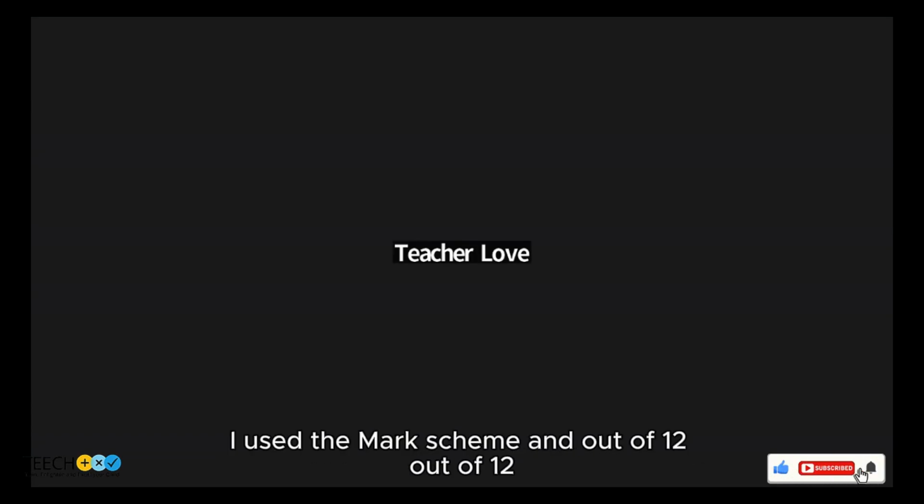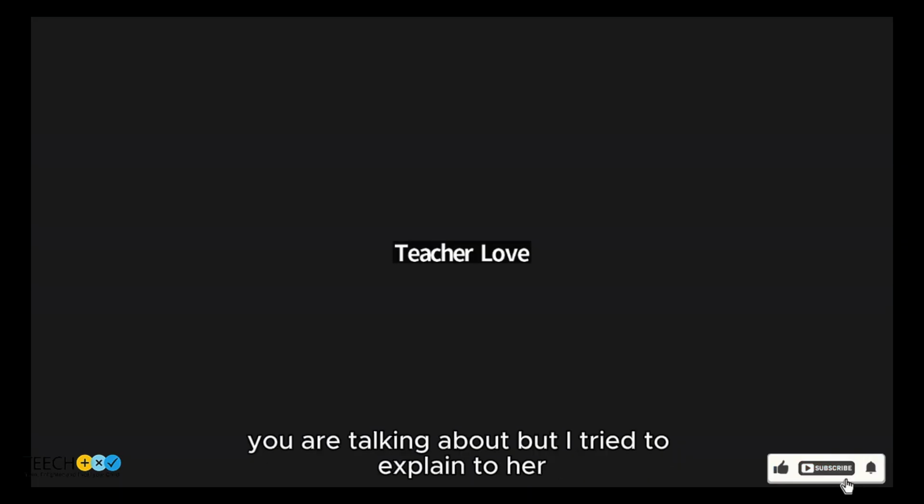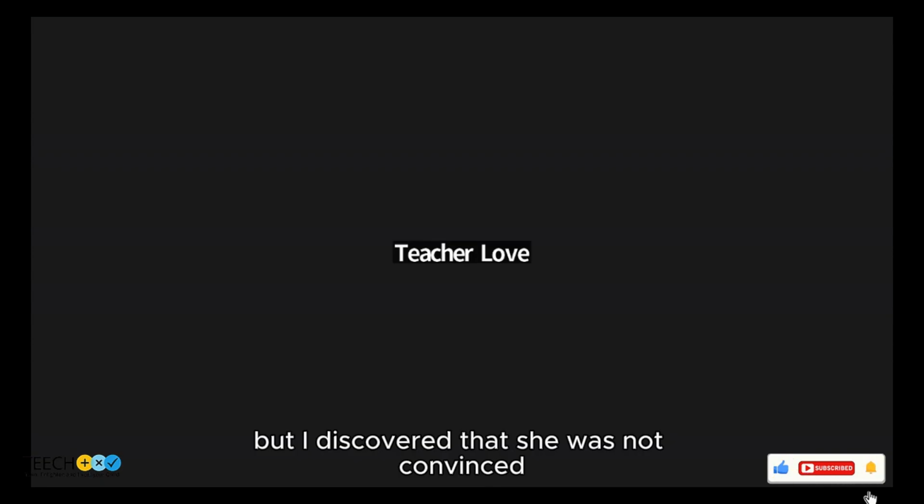I used the mark scheme, and out of 12, she would score 2. At times out of 40 marks, she would score like 5. So I was trying to tell her that I actually do not know the method she's talking about, but I tried to make her understand that I used the mark scheme. But I discovered that she was not convinced. So how do I convince such a learner, and what do you advise that I should do?